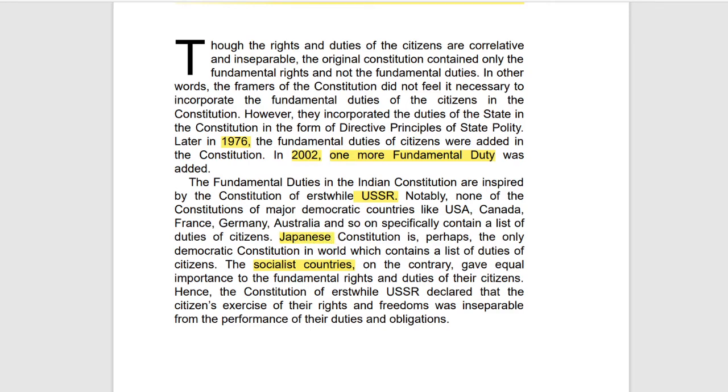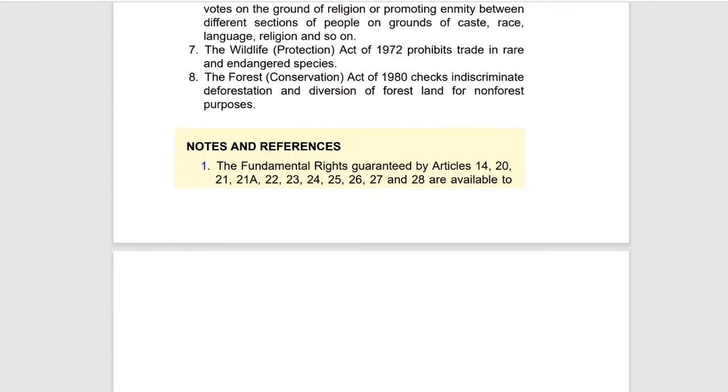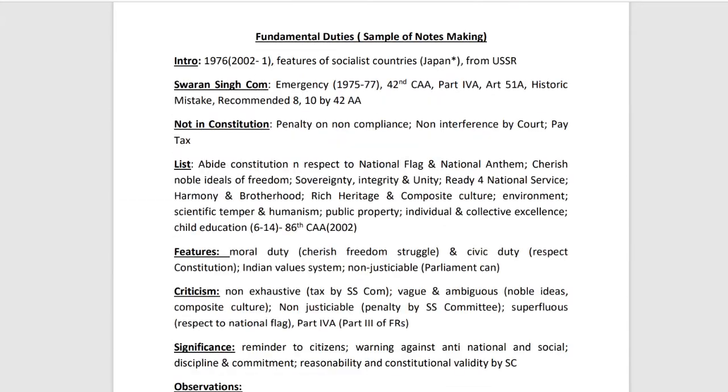Now let us see where I have written this in my notes. So you can see here that in my introduction, I have simply mentioned this entire paragraph in only one line. So this is a sample of notes making. See here, I have written introduction. Now I have written 1976.